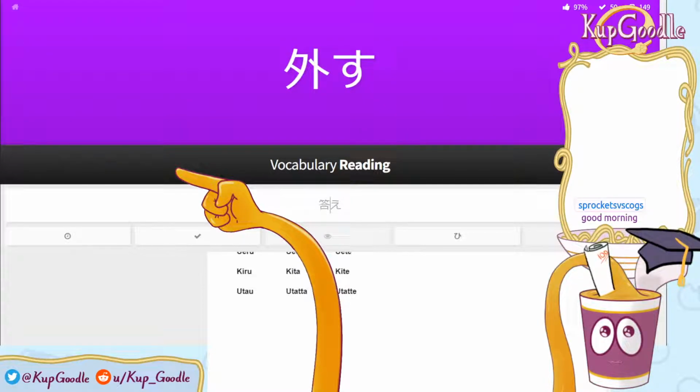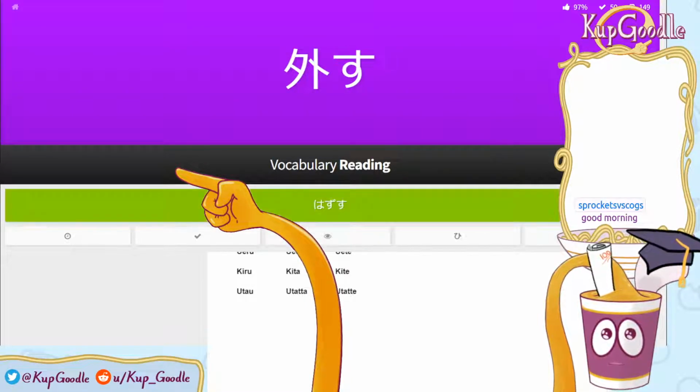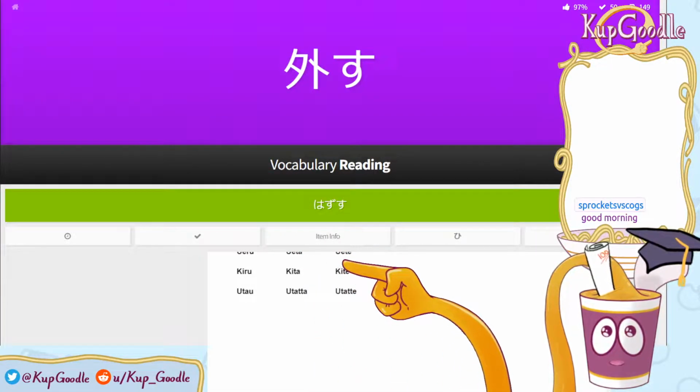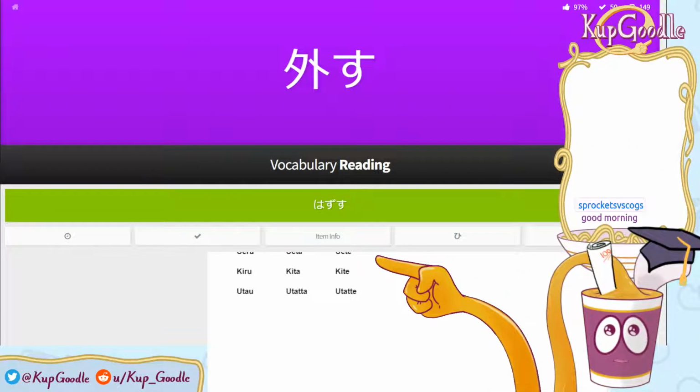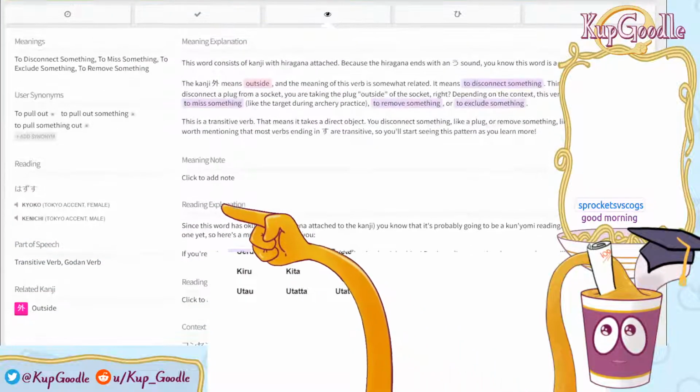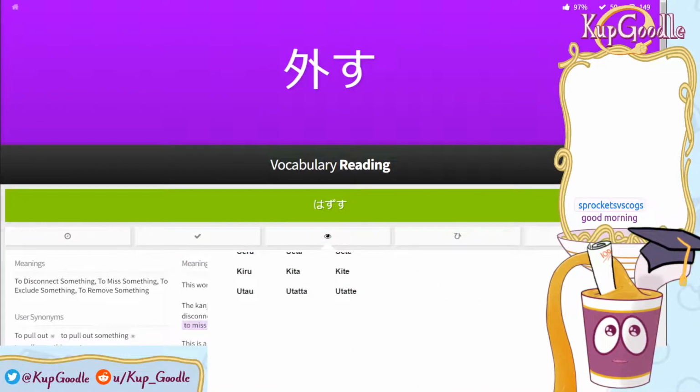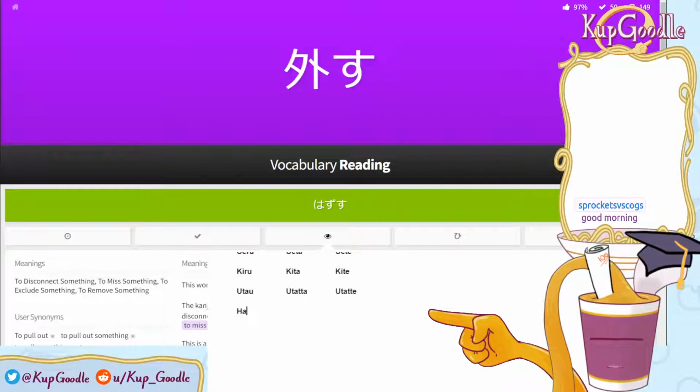Hazusu. I has a USB that you disconnect. Hazusu. That's to disconnect something, not to be disconnected. To disconnect something. So, hazusu.